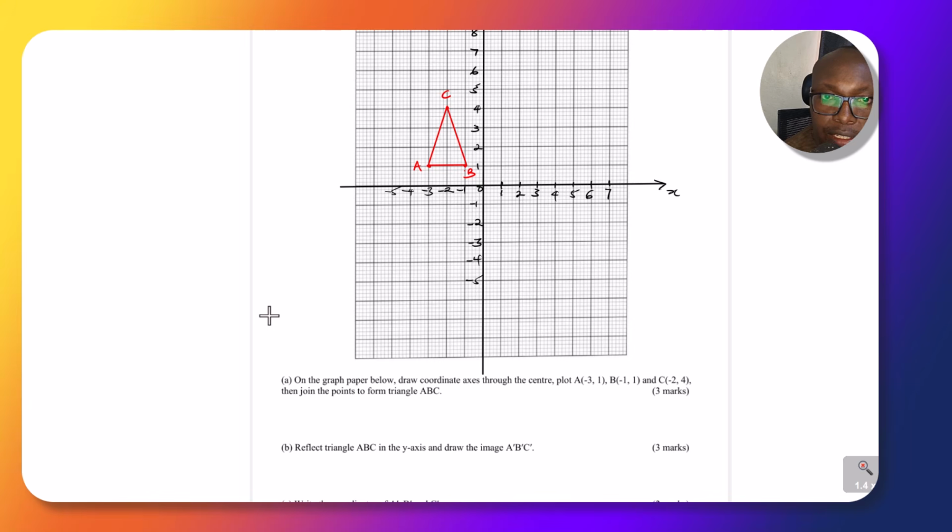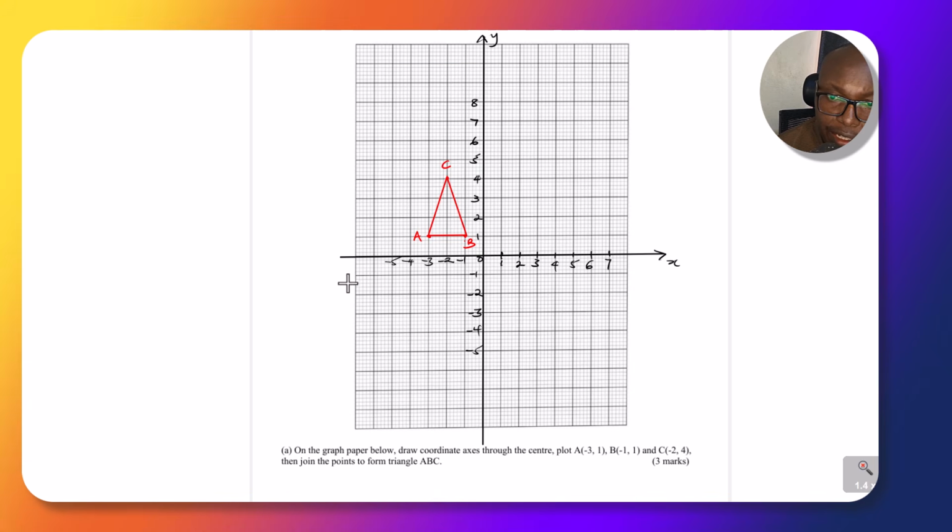The y-axis should act as the mirror line. So we get the image. The y-axis is the mirror line, and you need to understand the property of reflection: the mirror line is exactly located between the object and the image. So we shall get the image of each point.